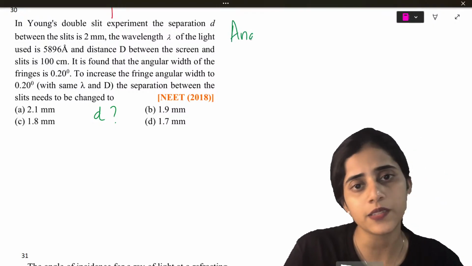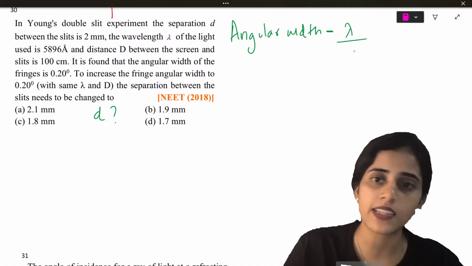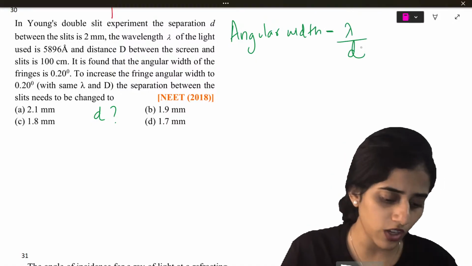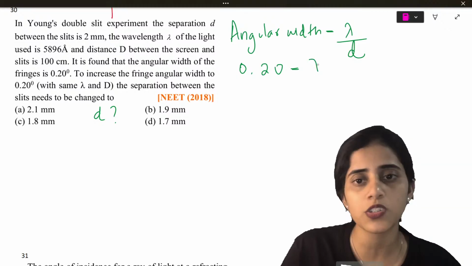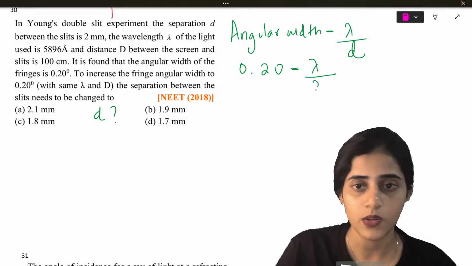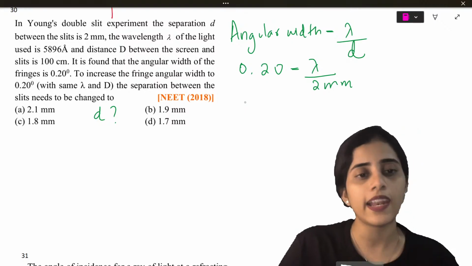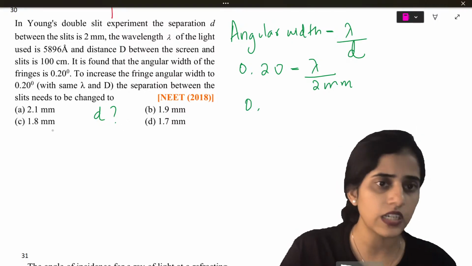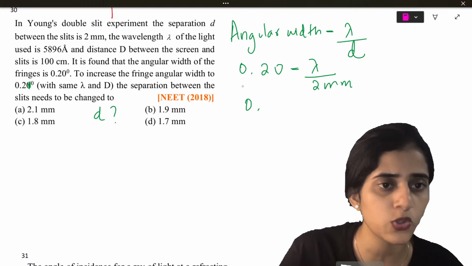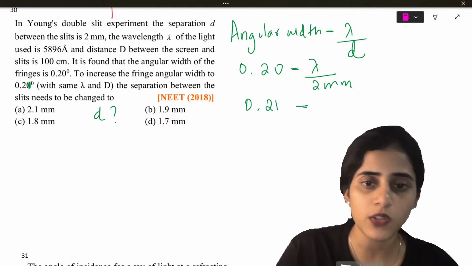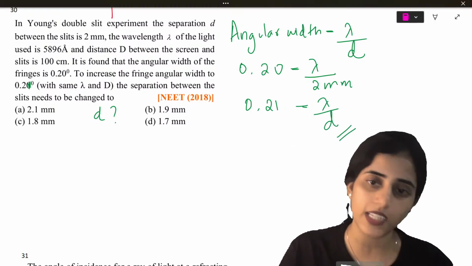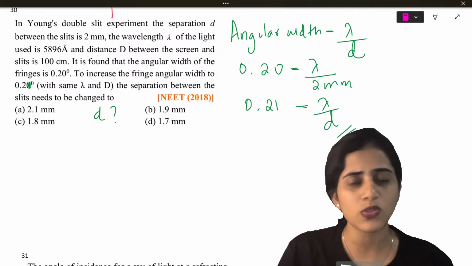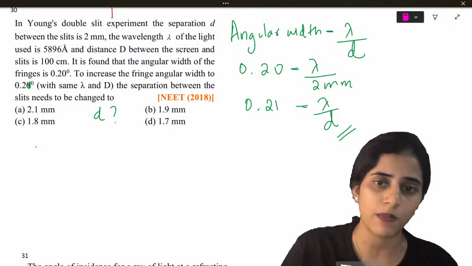We know that the angular width is basically lambda by d. That formula all of you know. Now, initially the question says that 0.20 is lambda by 2 mm. And then we increase it to, I think there's a small typo, this has to be 0.21. So 0.21 is going to be equal to lambda by d. We have to find out d. Wavelength is the same, so I'm not putting the number, I'm just going to put it as lambda.